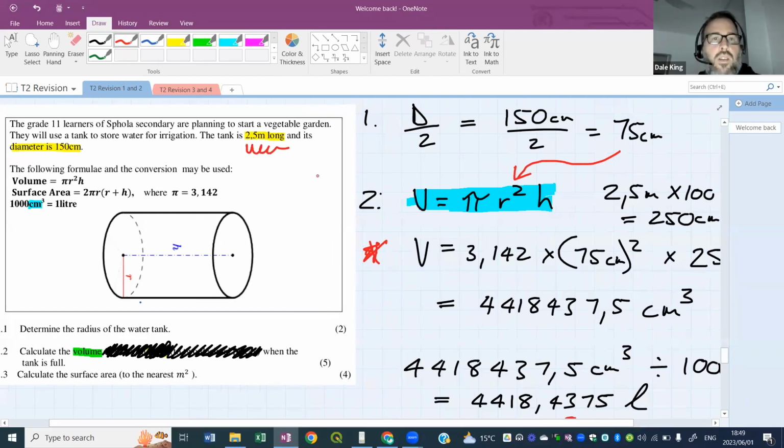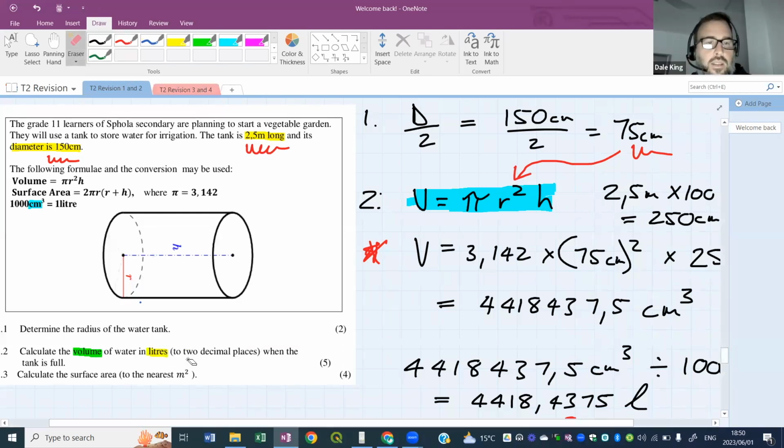So they give us the height or length of 2.5 meters and the diameter, which is 150 centimeters, which we changed to 75 centimeters for the radius. So we've got meters and centimeters in our dimensions, which is no good. Either we work with meters or we work with centimeters. We can't have 2 different units in the formula. But the clue comes in the question.